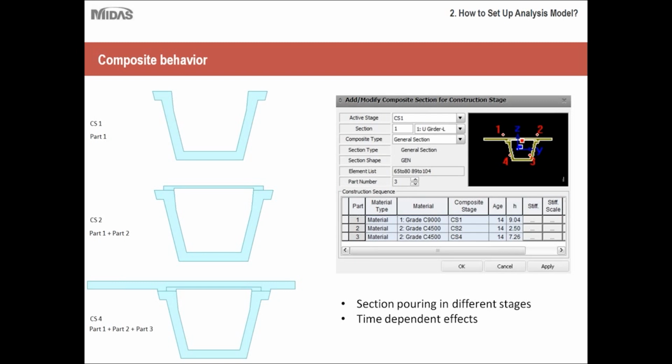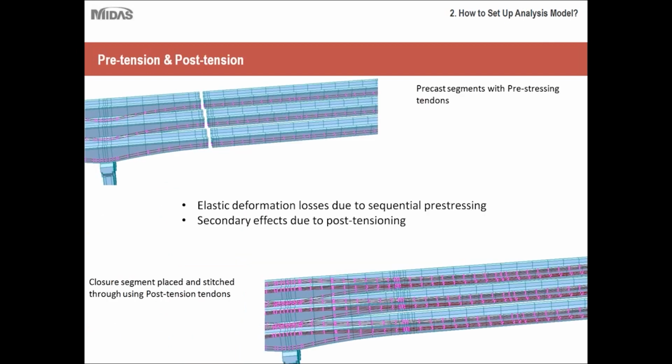And since these members are cast and poured at different ages, with different maturity of the concrete, you have to capture the age effect of the concrete here, the creep and shrinkage that is occurring in the concrete. Those types of time-dependent effects need to be accounted for.